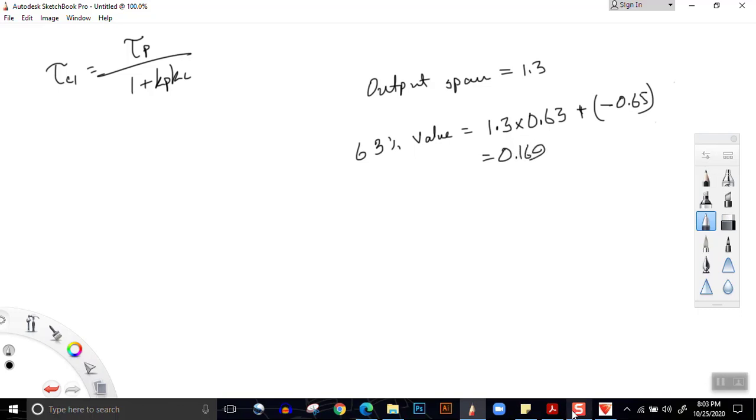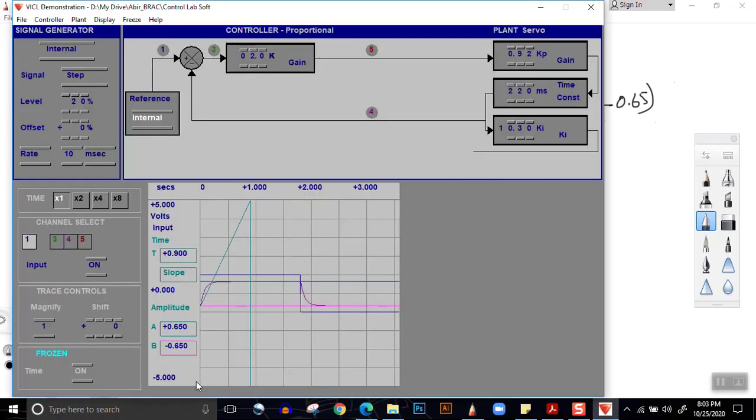Now we go back to our curve. After going back to our curve, we find the value where the output is 0.169. We will not get 0.169 exactly, so we are not getting anything in the middle of these two. So what we do is we magnify it.